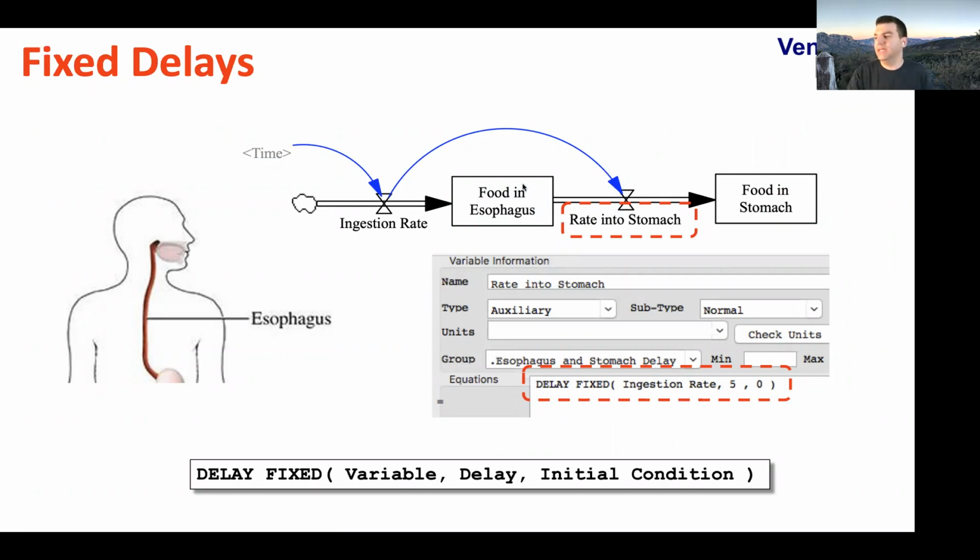And then we just put stocks in between them to catch the food as it comes in and out of these flows. So as the ingestion rate dumps food in, it gets caught by the esophagus, and then it's held there, but then 5 seconds later, it's pulled out of the esophagus and put into the stomach, and the stomach catches it there. And that's where this model comes from here.